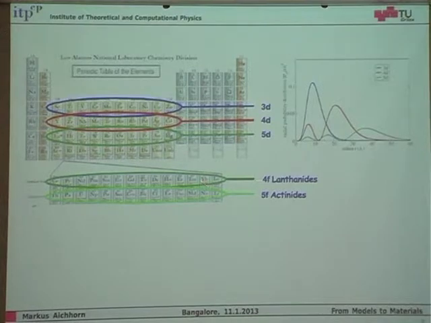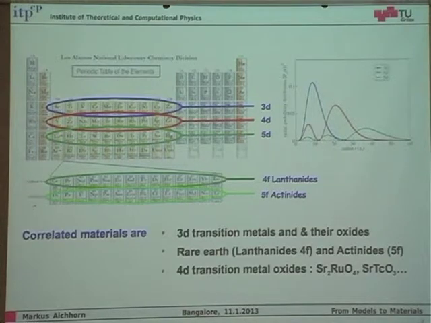And then the same with these lanthanides. 4F should be very correlated, 5F to some extent. Now you would say, okay, correlated materials are 3D transition metals and their oxides, and 4F and 5F to some extent. And 4D transition metal oxides, ruthenium and technetium, they are 4D elements that should not be so strongly correlated.